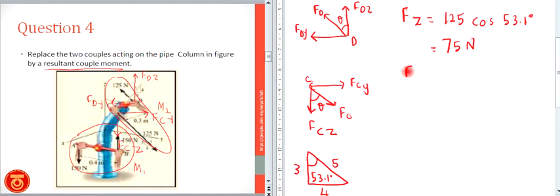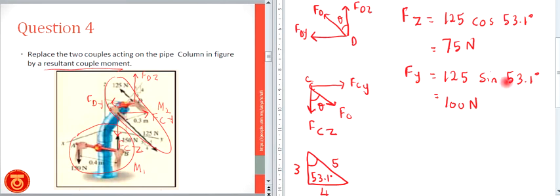And Fy is 125 sine 53.1. So you will have 100. Okay, this is Fz and Fy. Because the value is the same, I just write Fz and Fy.